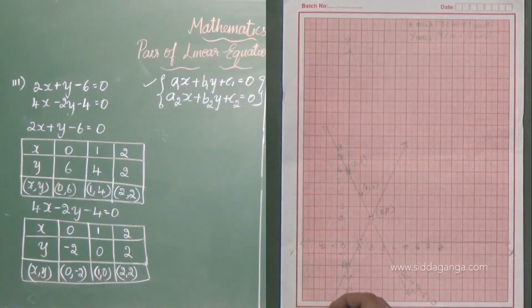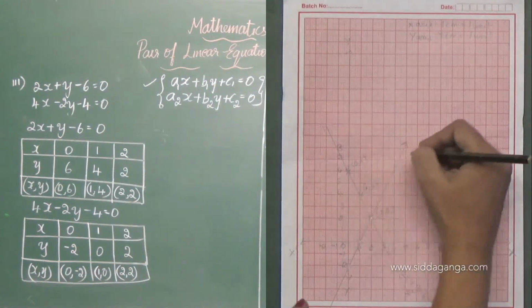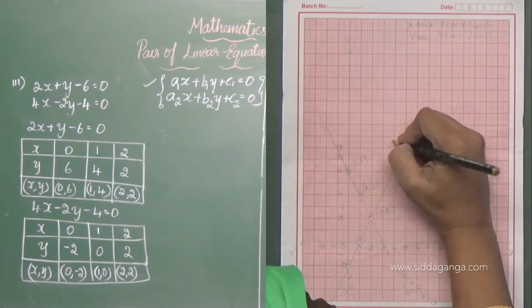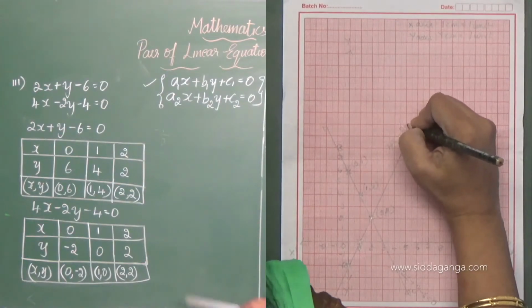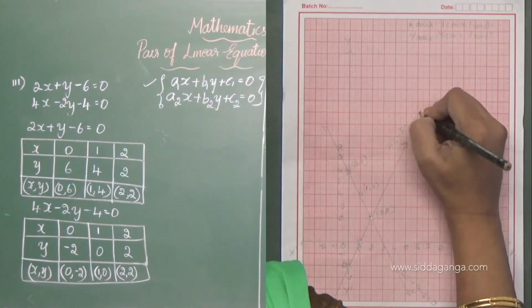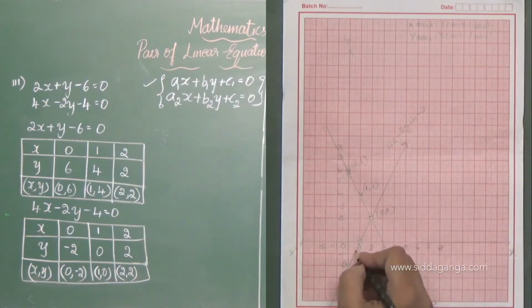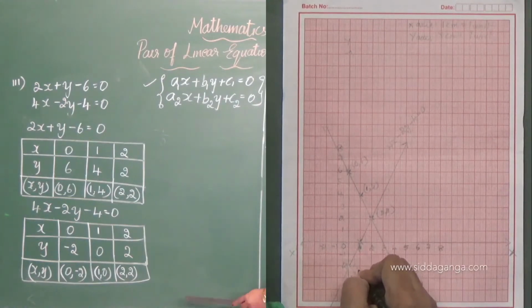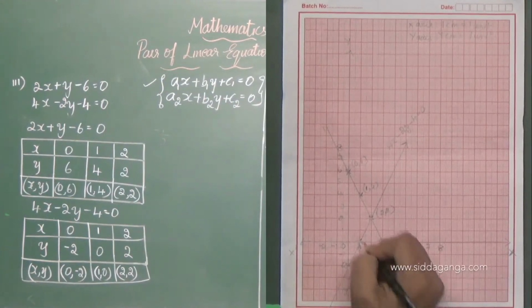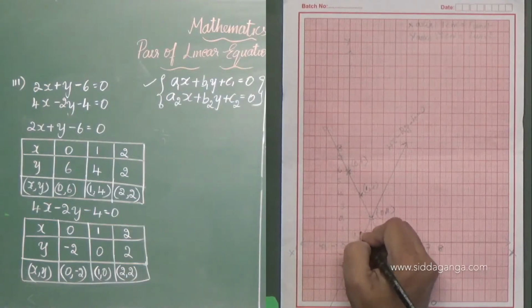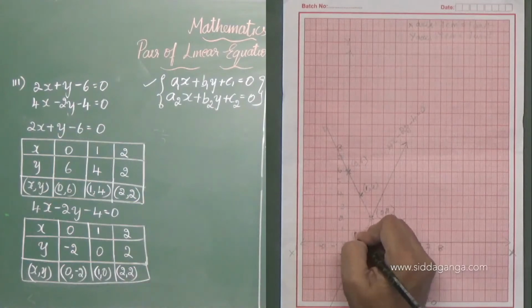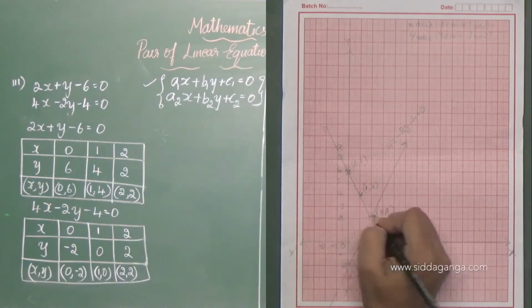Now see here, this line represents the equation 4x minus 2y minus 4 is equal to 0, and the coordinates are 0 comma minus 2, 1 comma 0, and 2 comma 2 is here only, the same point.